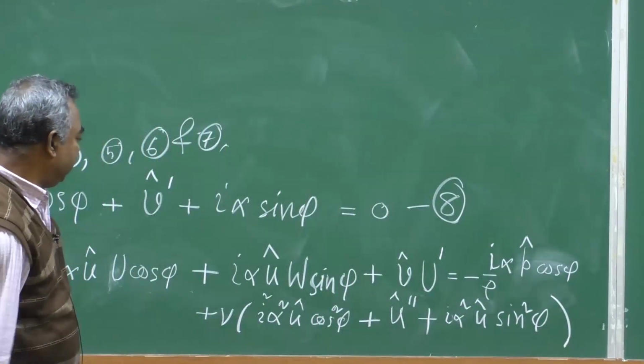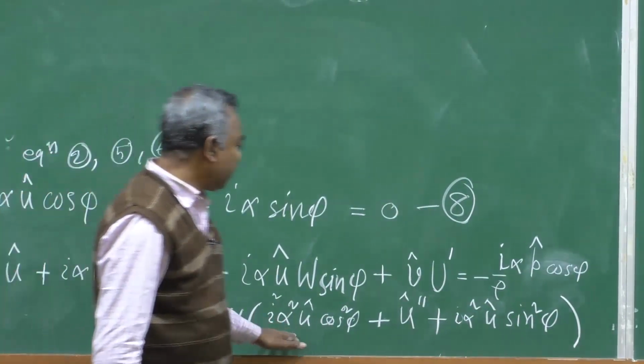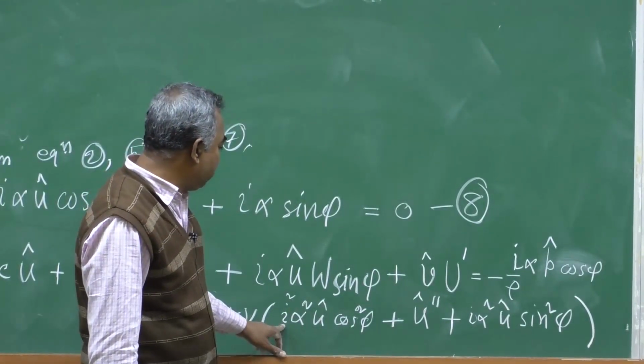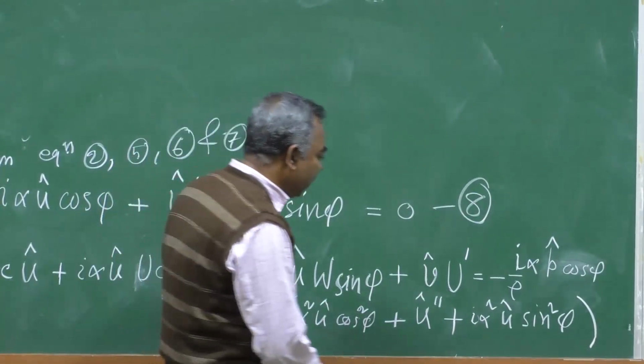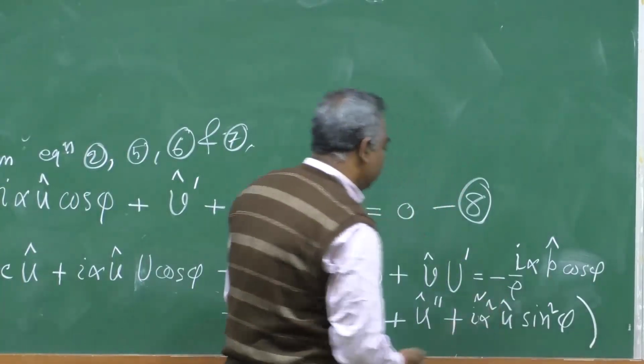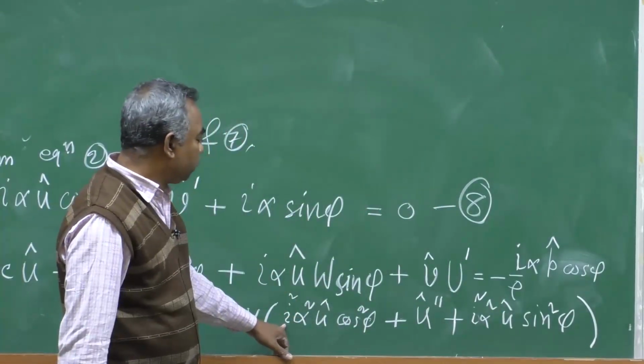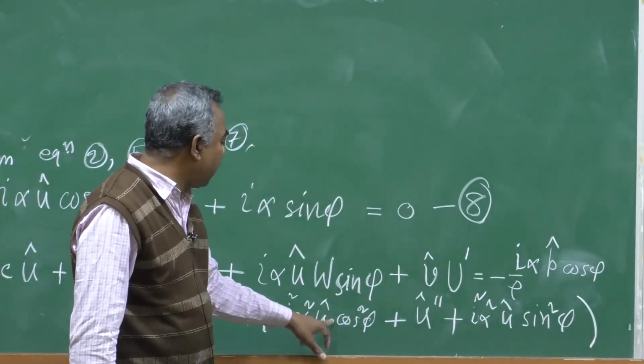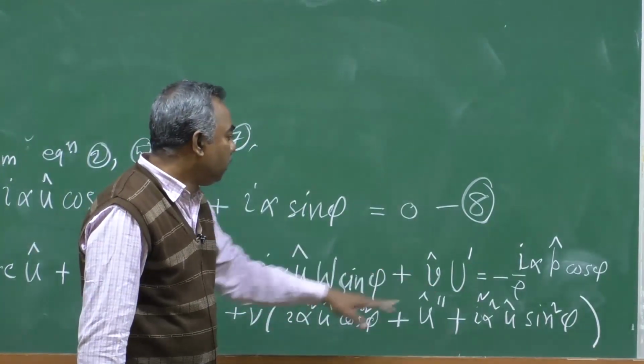Essentially, if you see, this term and this term will add, and this is going to be minus i square, which will be minus 1. So, that means u hat double prime minus alpha square u hat is what this term will be.